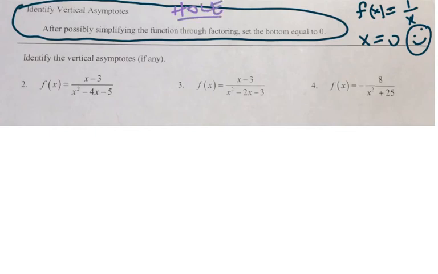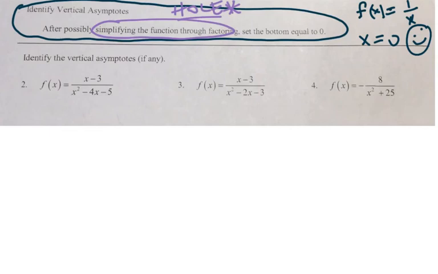Okay, so if it can be simplified and one of the factors in the denominator cancels out with the numerator, we get what's called a hole. So let's look at the examples below and determine if there are any vertical asymptotes.